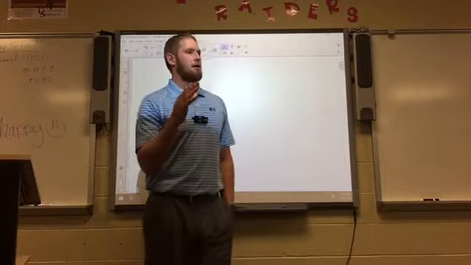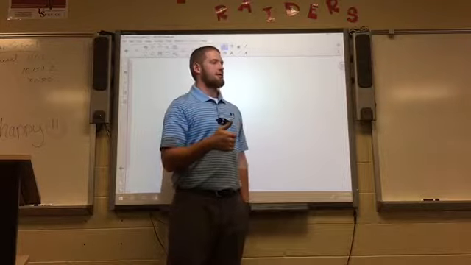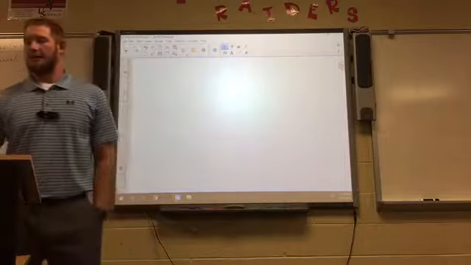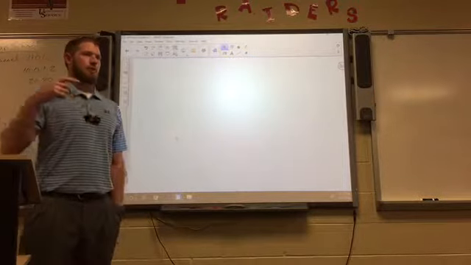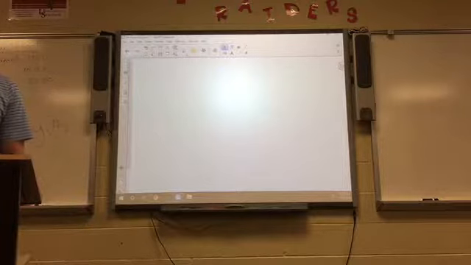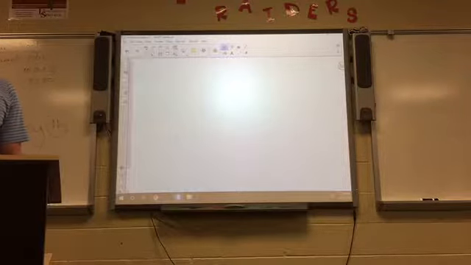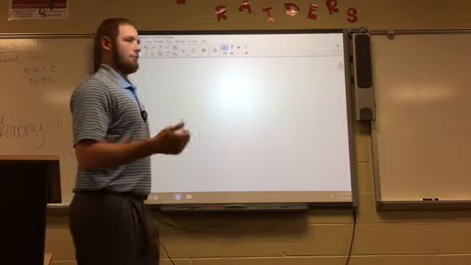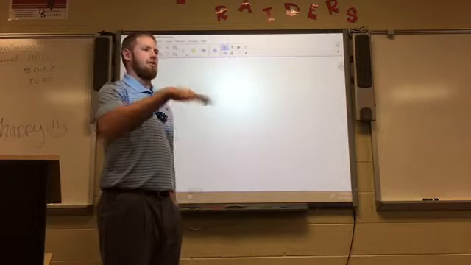I'm going left and right. In my function, am I changing everything or just the x? Just the x. Notice that says inputs. You guys learned clear back when, like I talked about with your input-output machines, inputs are your x values. Okay? And your vertical translation, you are changing your outputs, which is y, which is everything, basically.